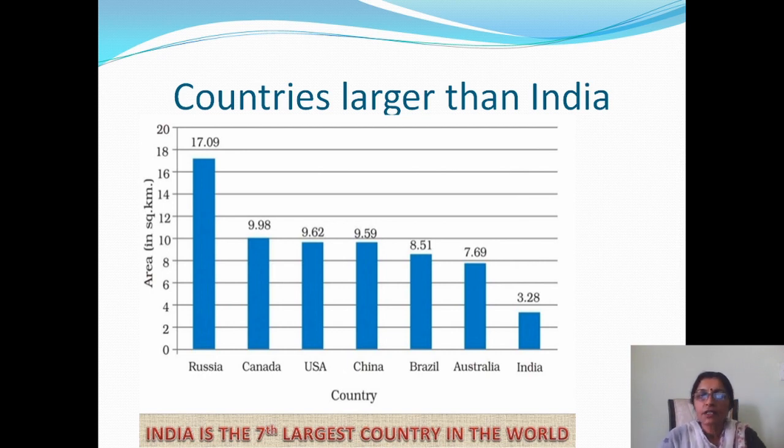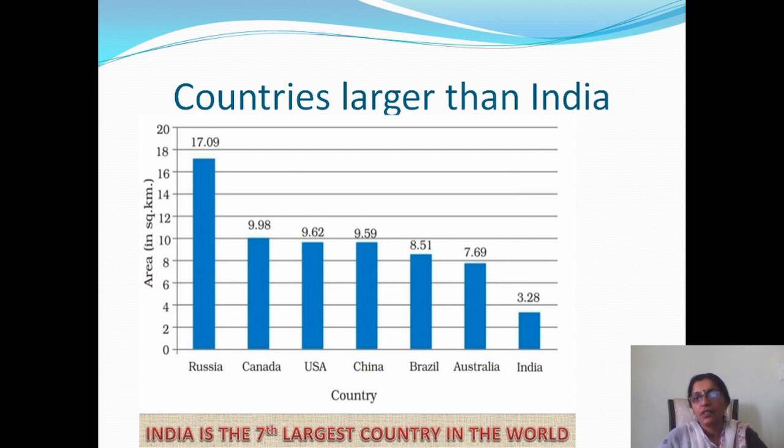Russia is largest country in the world. It lies in Asia. Some part of it lies in Europe also. Canada and USA both are countries of North America continent. China is the largest country of Asia. It is 2.5 times larger than India.